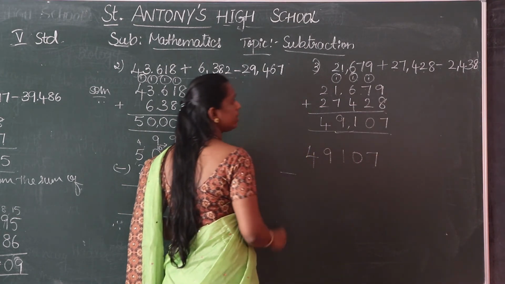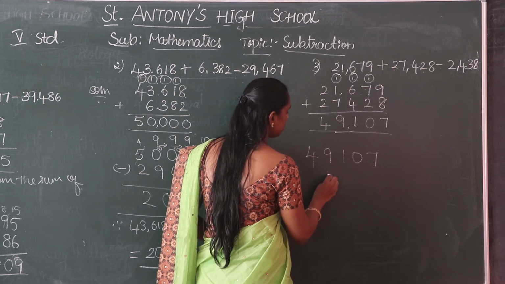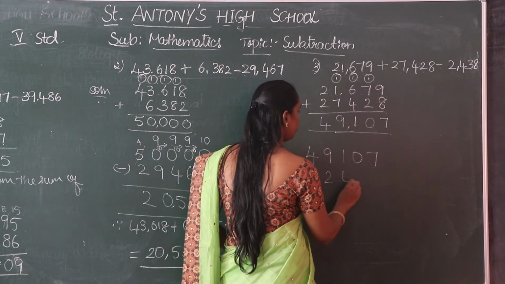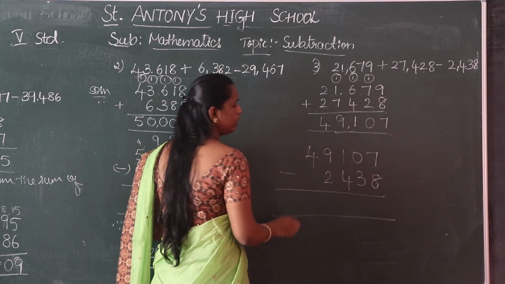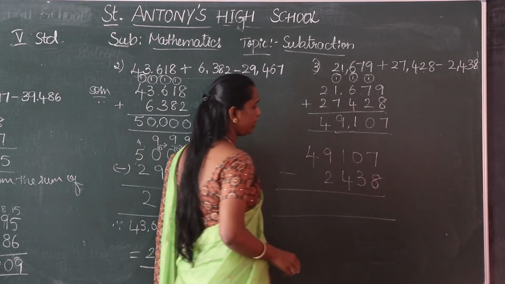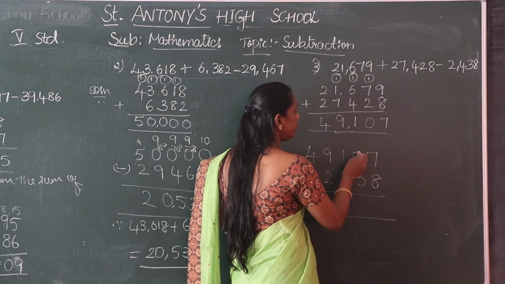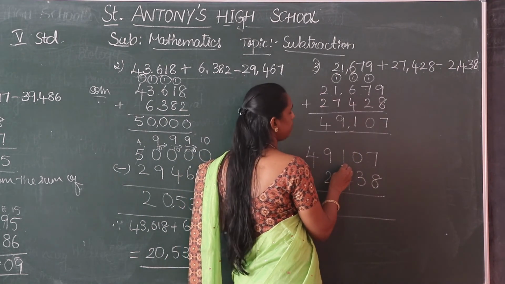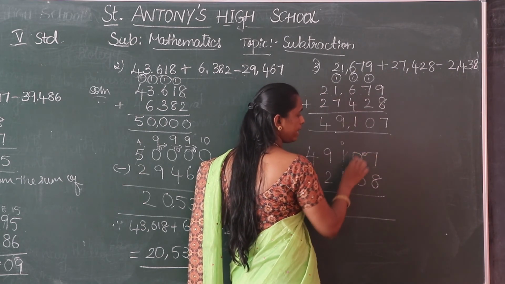49,107 minus 2,438, writing the 2 below the 1,000 place. 7 minus 8 is not possible. Take borrow from the nearest place. Here also 0, so we have to take from the 100 place. This 1 becomes 0 and this 0 becomes 10.